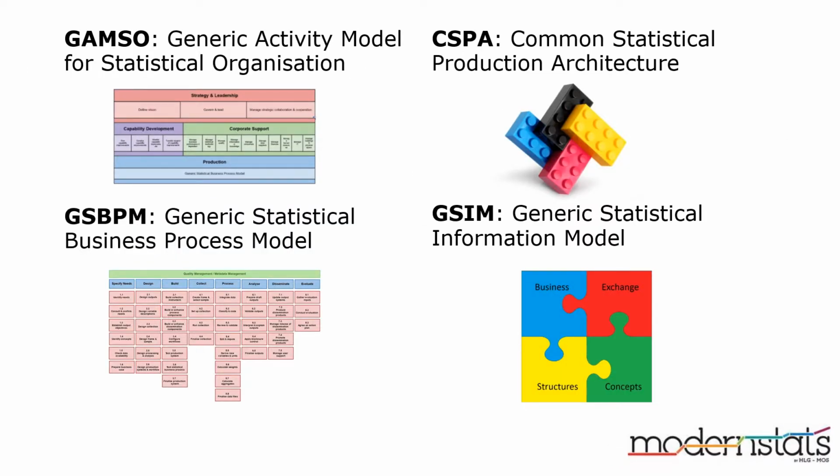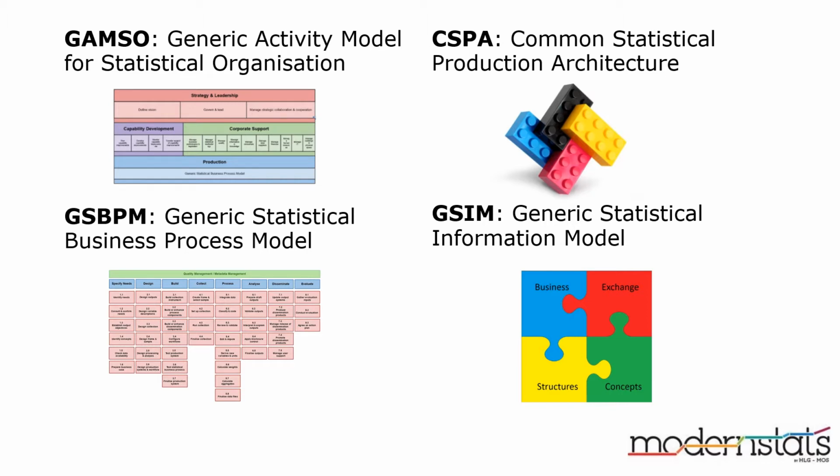So under this group, there are 4 different models. The GAMSO, which is a generic activity model for statistical organizations, and a new version came out this year, January of this year. We're now on version 1.2. The GSBPM, that's the oldest one. It's on version 5.1 in January this year. That's the generic statistical business process model.